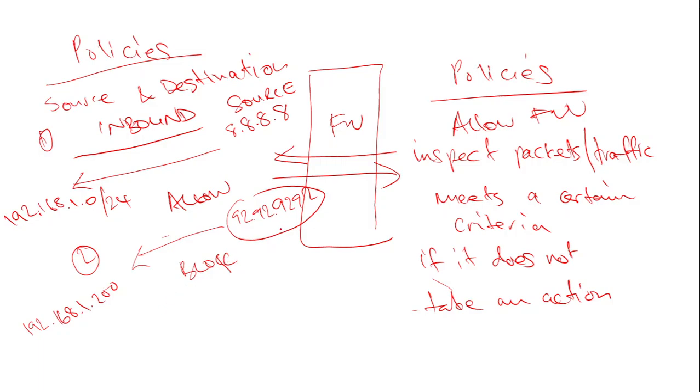But if it is coming from this same IP address and it is going to 192.168.1.100, allow it. As long as it is going to 1.100, allow it.